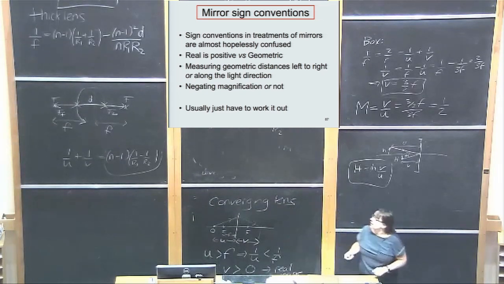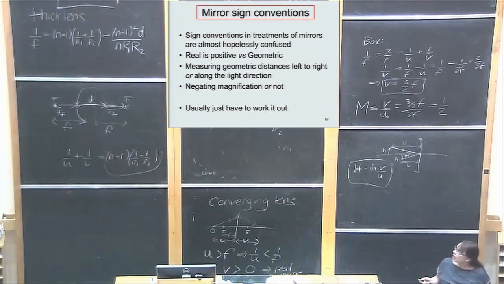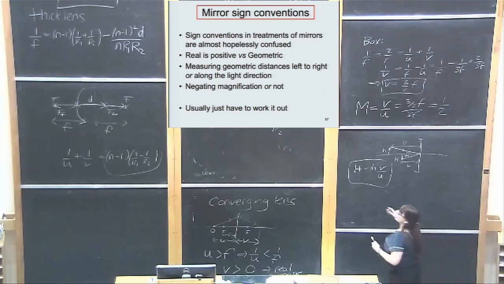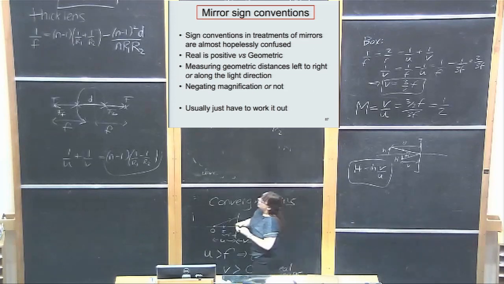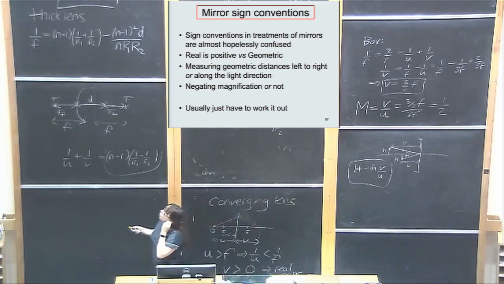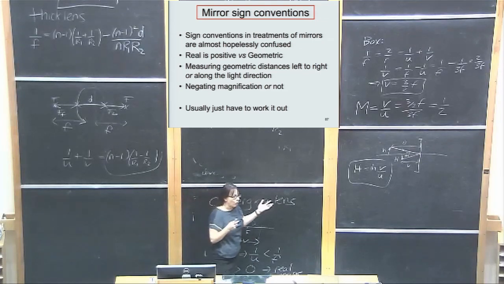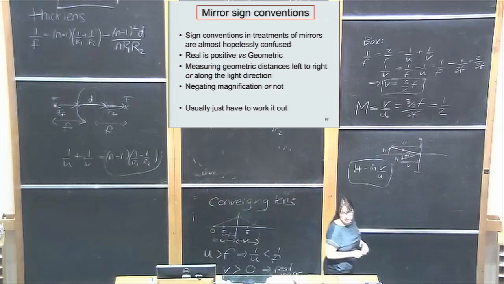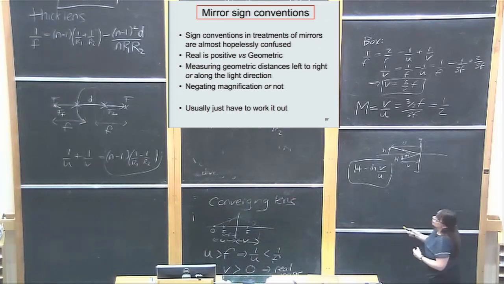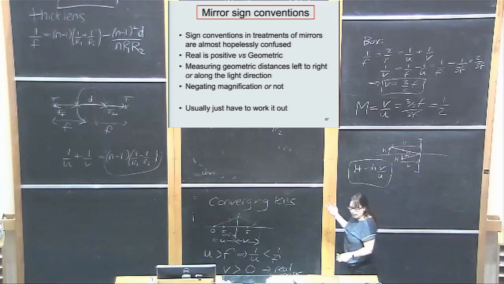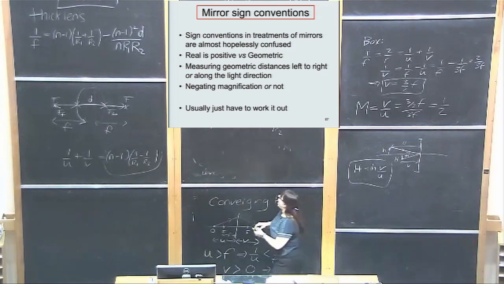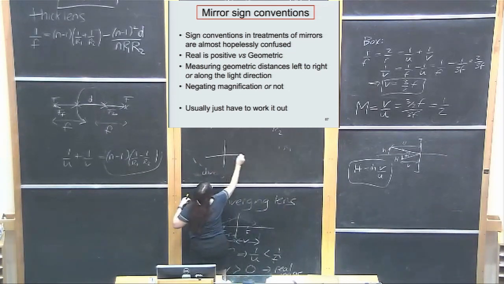Right, so mirror sign conventions. Just quickly, I'm not going to go into this in quite as much detail as I did for lenses. Almost hopelessly confused. Right, so you've got choices to make, of course, the usual choices. Shall I use real as positive? Shall I use geometric? But actually, even in geometric, you'll find there are decisions to make. Some books will stick to a Cartesian coordinate system.